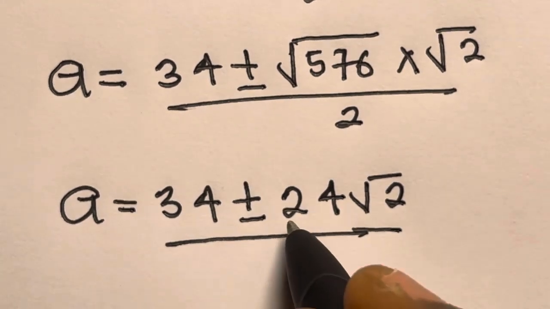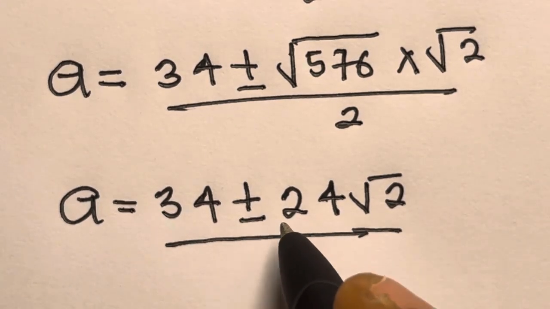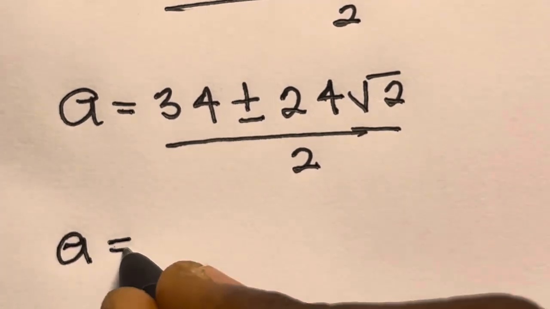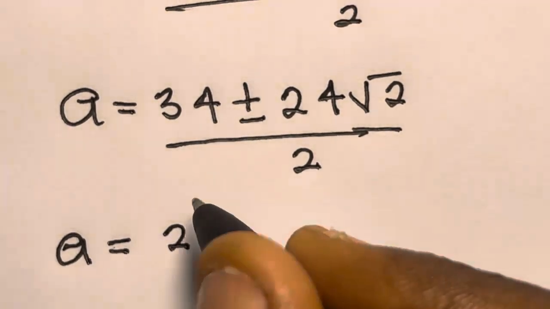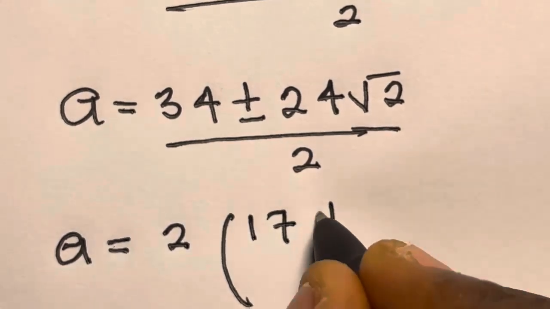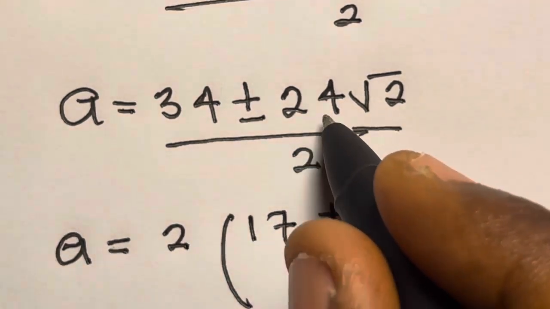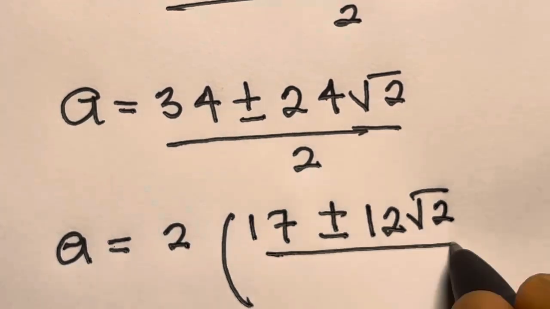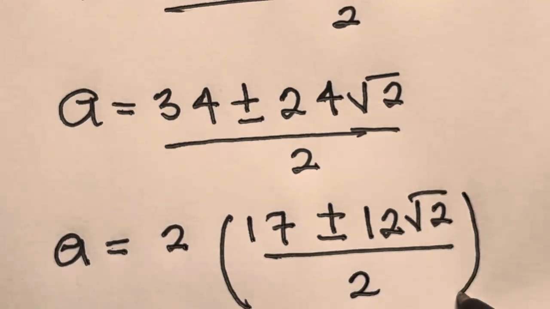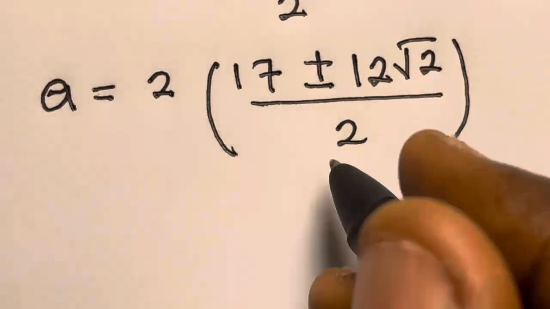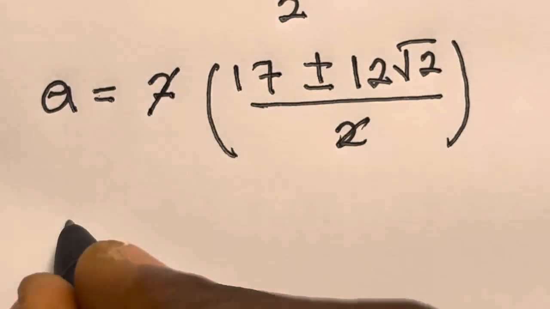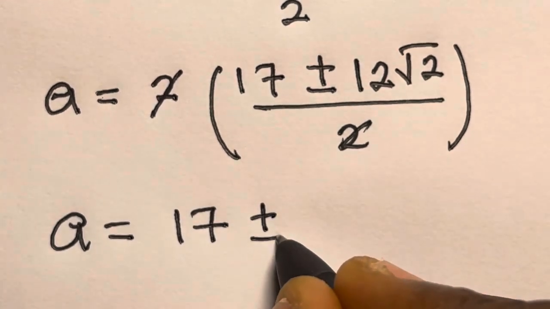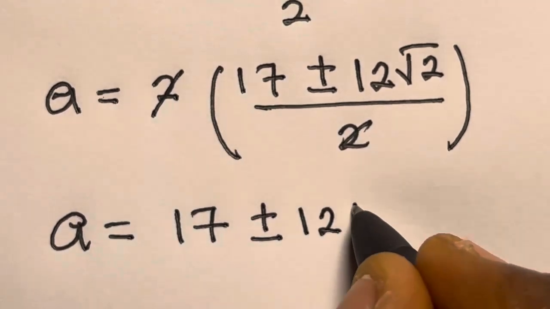If you observe, we have 2 in common at the numerator, so let's factorize 2 out. What we are left with is 17 plus or minus 12 root 2, divided by 2... these two cancel, so a equals 17 plus or minus 12 root 2.